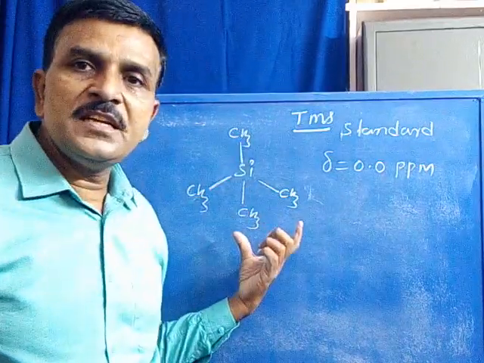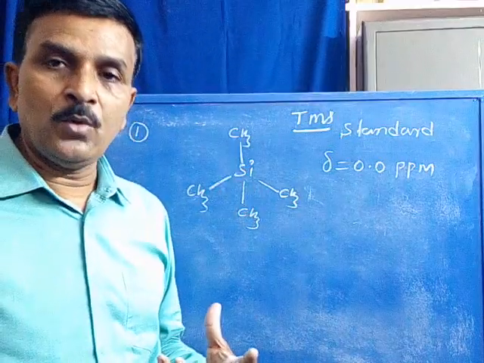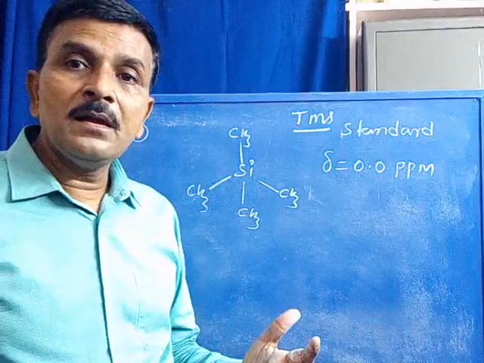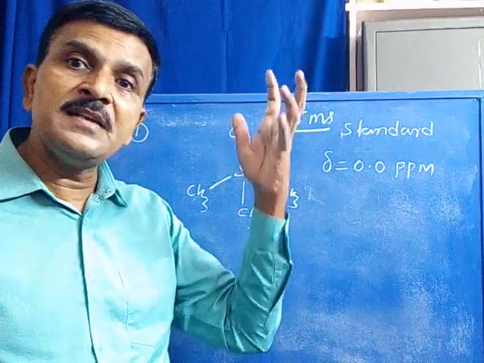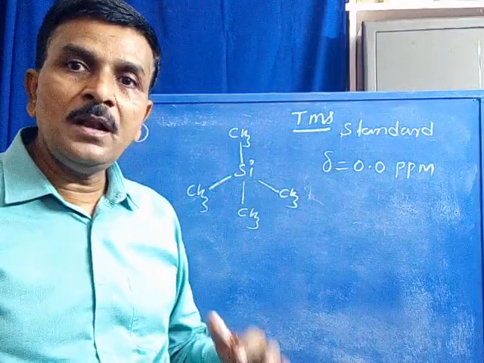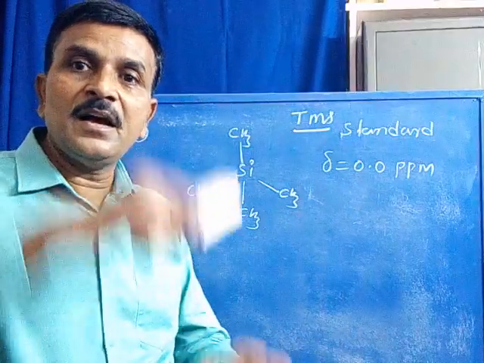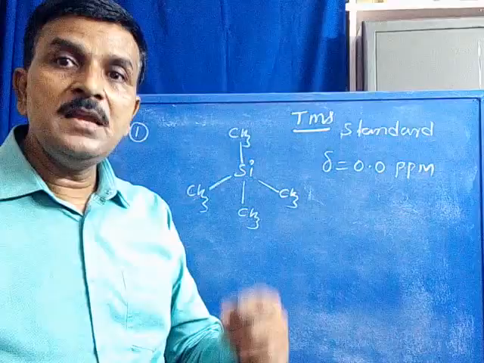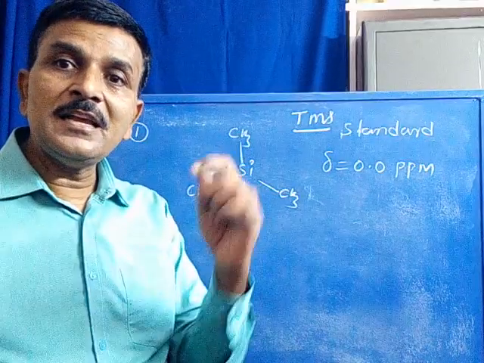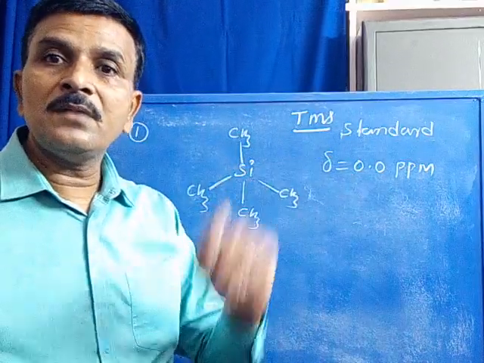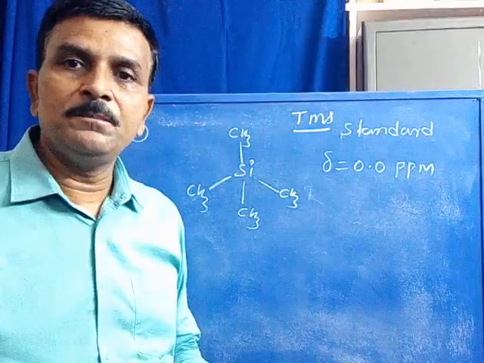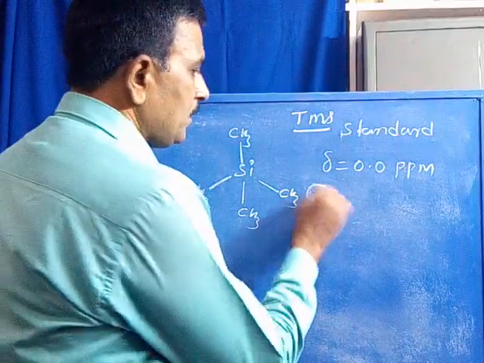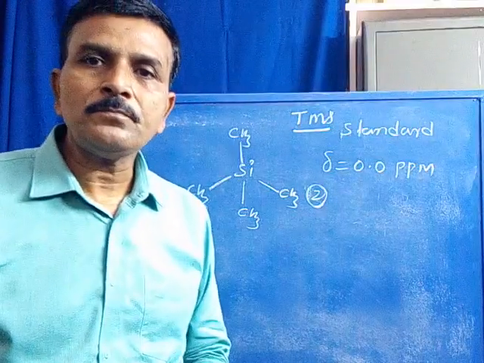So consisting of 12 equivalent protons, its signal appears as a sharp and intense signal, a higher intensity signal, which makes it easy to locate the TMS signal among all other sample proton signals in the spectrum. This is one advantage. Number two, the second advantage.